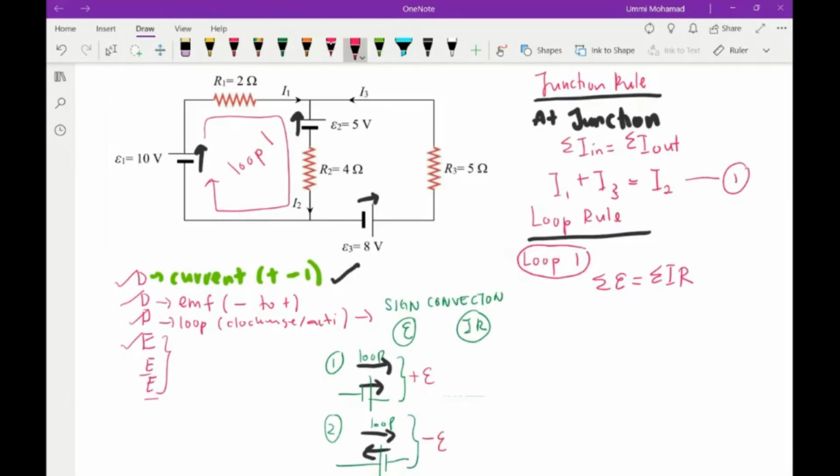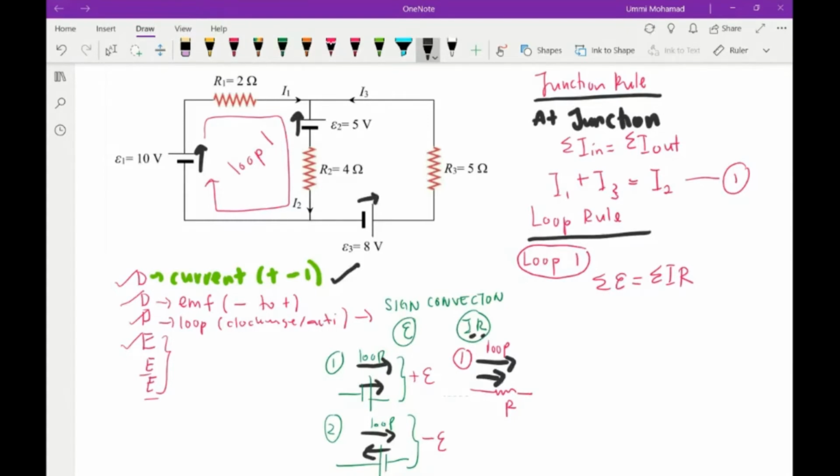For IR, it's about the same. Rule number 1: we always compare the direction of our loop with the direction of current, I, through the resistor. At first I will have the equal direction.